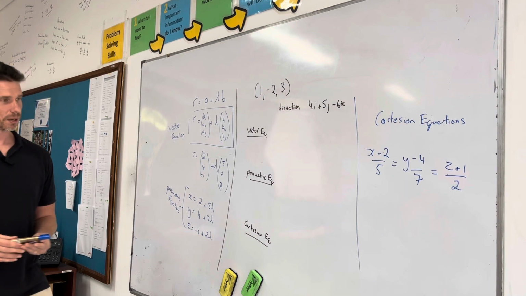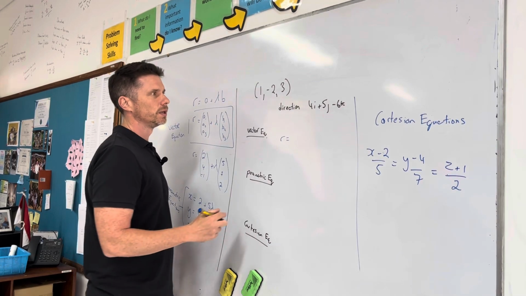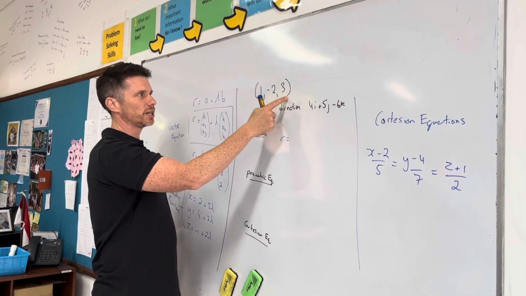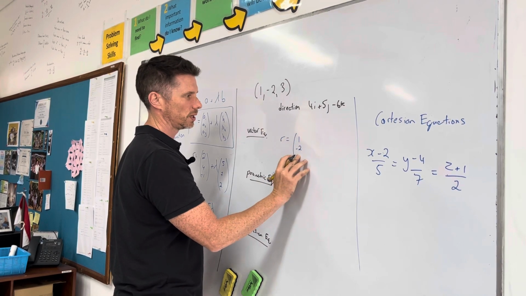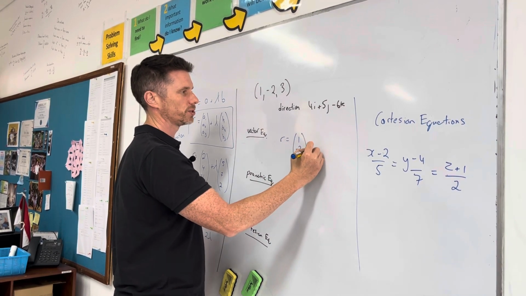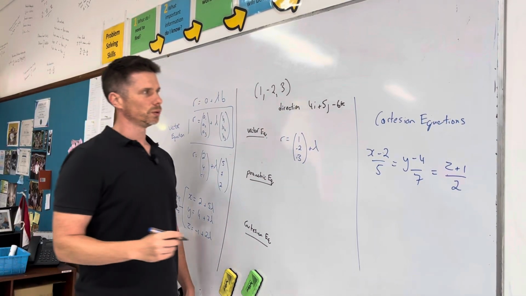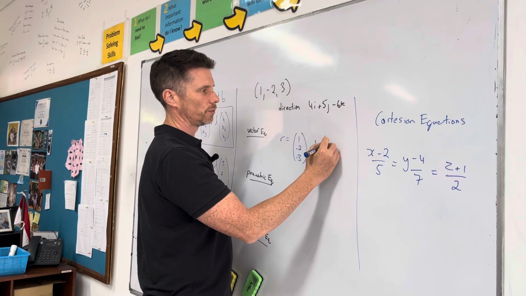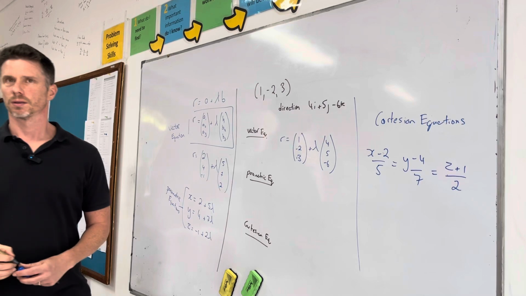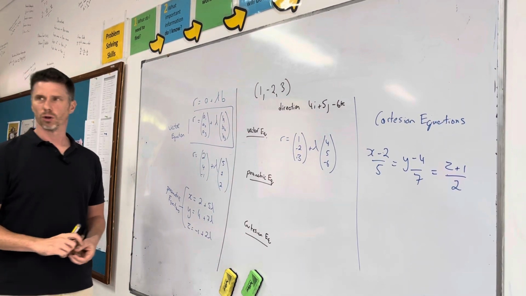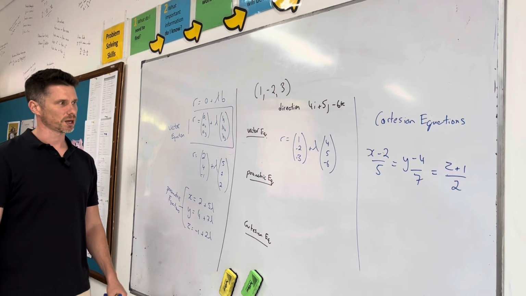We start off with r, and the position is here, the only thing we can use for position, plus some multiplier times whatever direction we need to go, 4, 5, and minus 6. That gives us all possible points along the line.